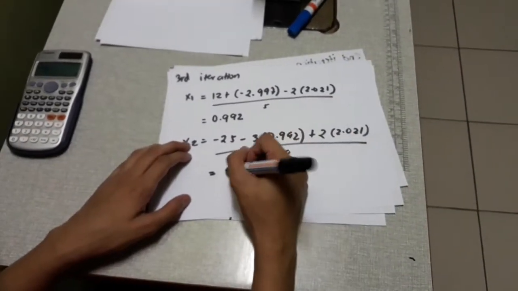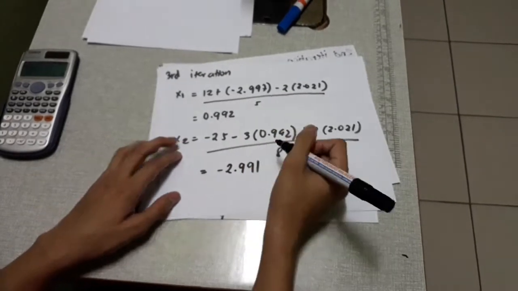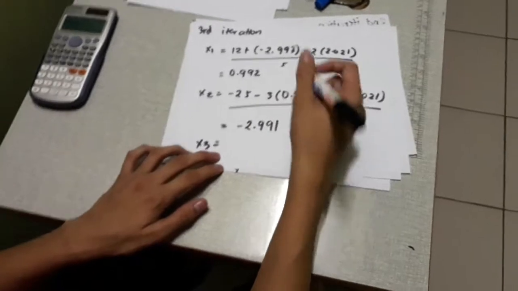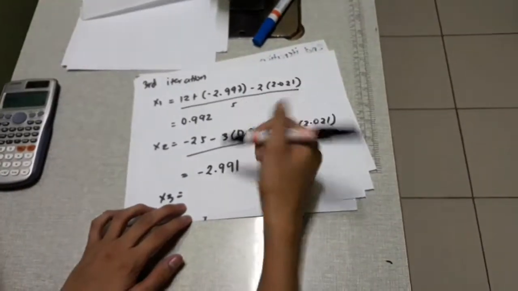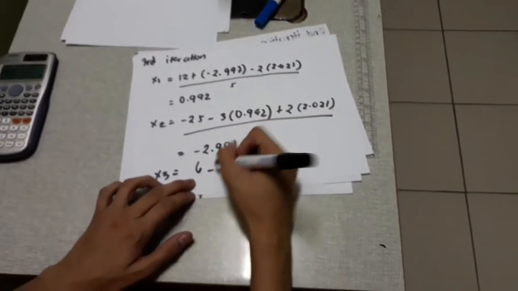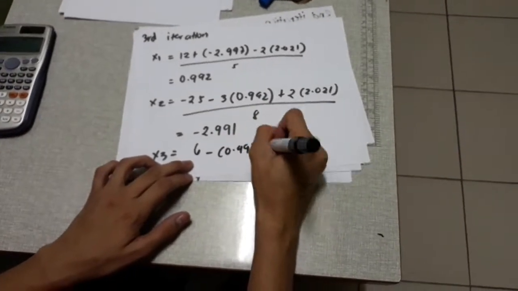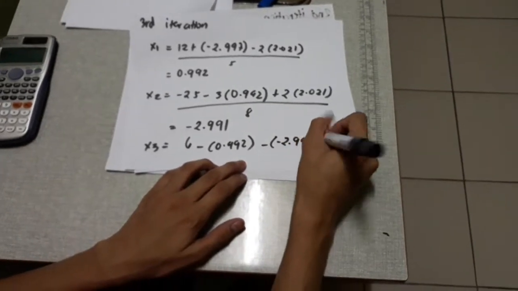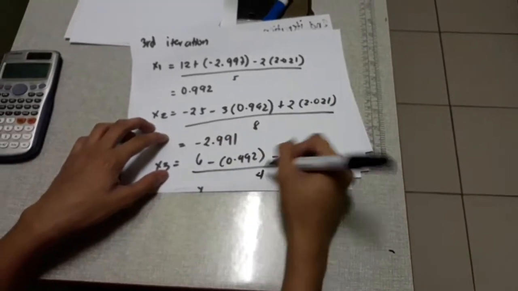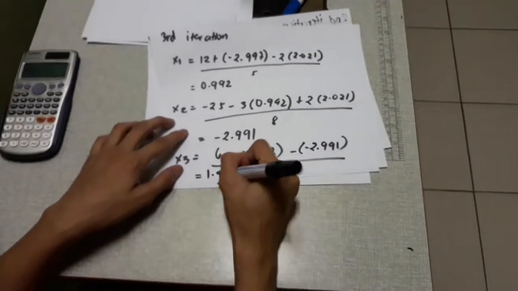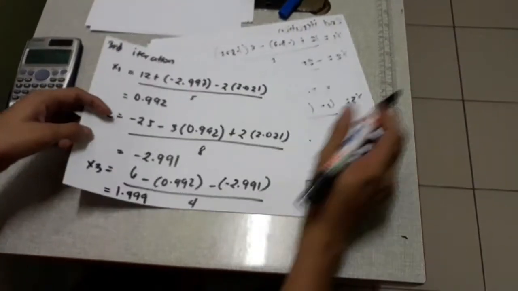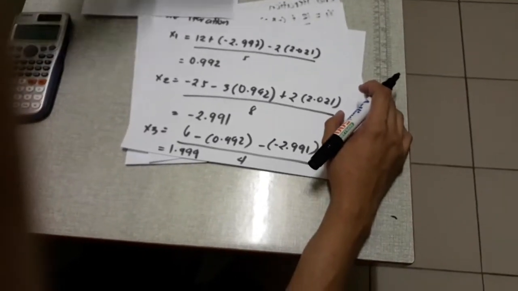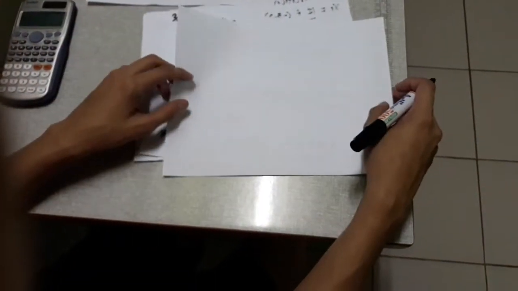The value is negative 2.991. For x sub 3, we substitute the new values of x sub 1 and x sub 2: 6 minus 0.992 minus negative 2.991, divided by 4, is equal to 1.999.